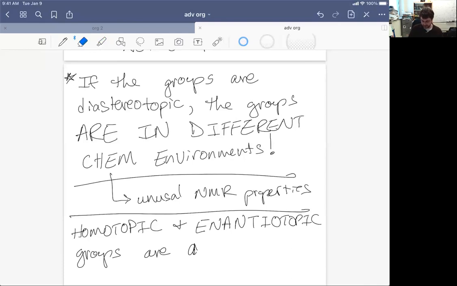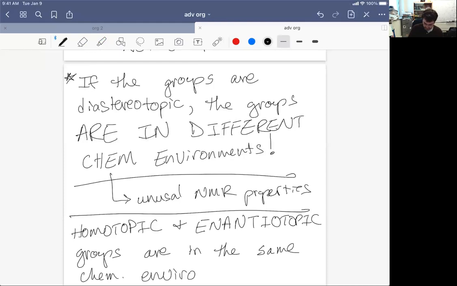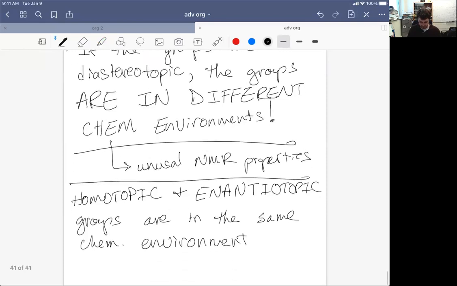I want you to write always, but I'm going to cross that out and say are in the same chemical environment. Okay, so it's only if it's diastereotopic that you have to worry about unusual NMR properties.